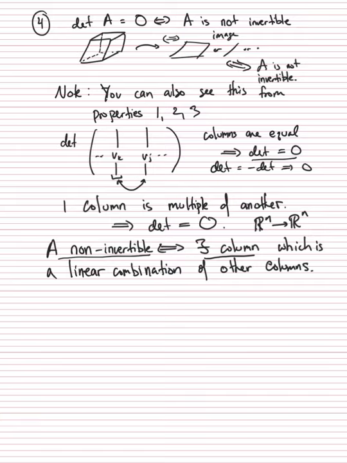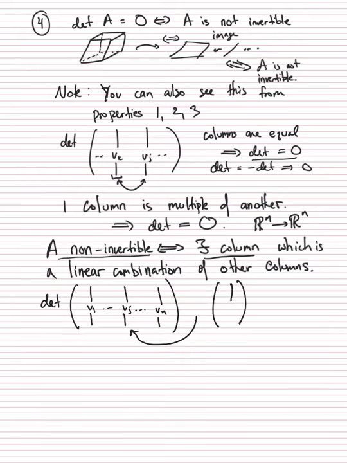So if we look at the determinant of V1, up through Vj, up through Vn, and let's just say Vj is equal to a linear combination of the others. Let's make it explicit: it's equal to the sum from k not equaling j of alpha k times the vector v sub k.